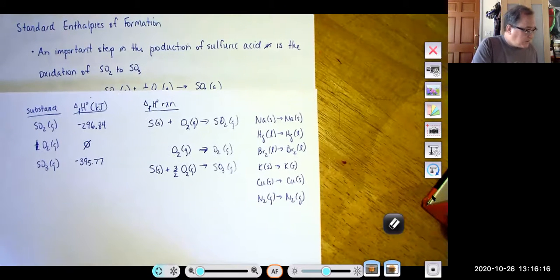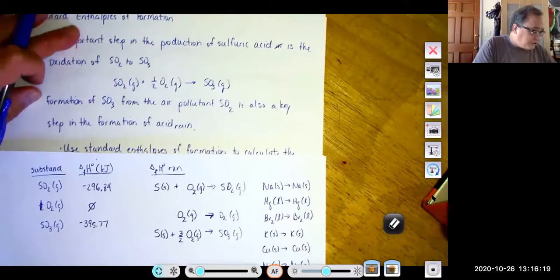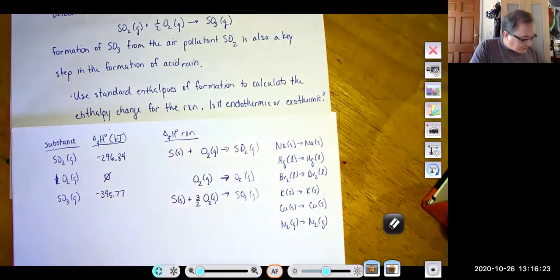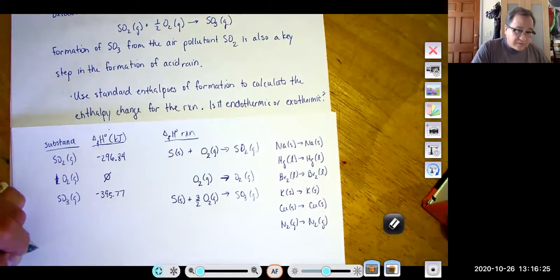Now it tells us to use standard enthalpies of formation to calculate the enthalpy change for the reaction.